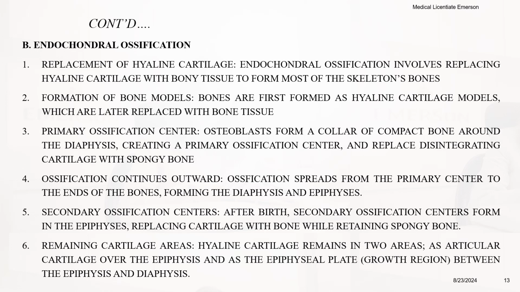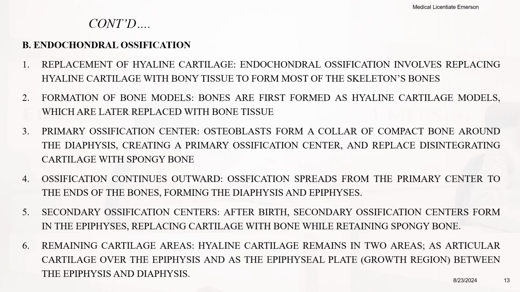Then the remaining cartilage areas: the hyaline cartilage remains in two areas, as articular cartilage over the epiphysis and the epiphyseal plate. So the epiphyseal plate is actually the growth region, which is between the epiphysis and the diaphysis.